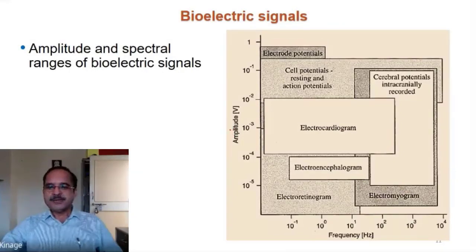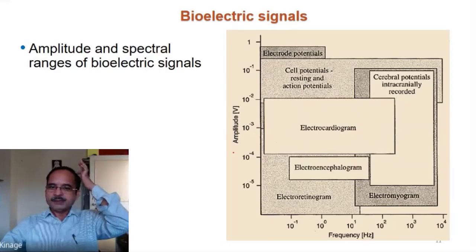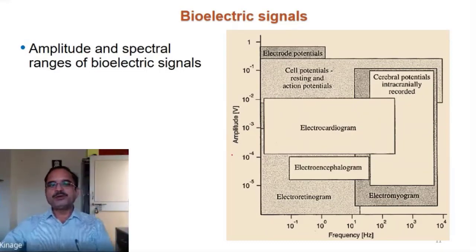Now this diagram shows the frequency and amplitudes of all these different types of bioelectric signals. On the x-axis is the frequency in hertz, 10 raised to 0, that means 1 hertz, 10 hertz, 100 hertz, 1000 hertz, and so on. And on the y-axis is the amplitude.